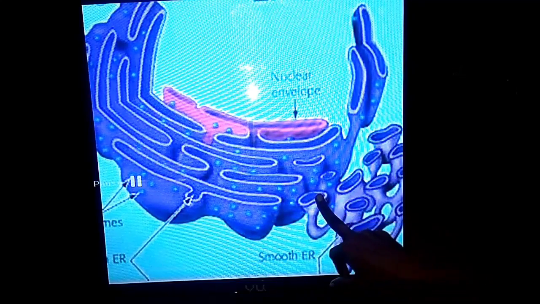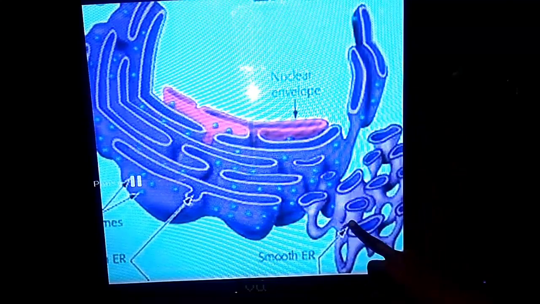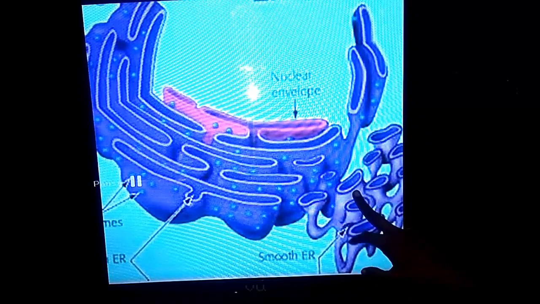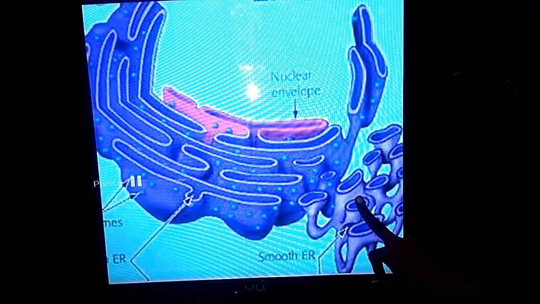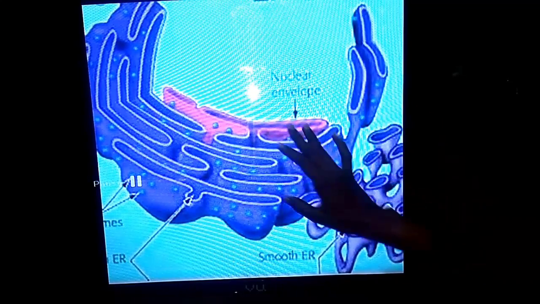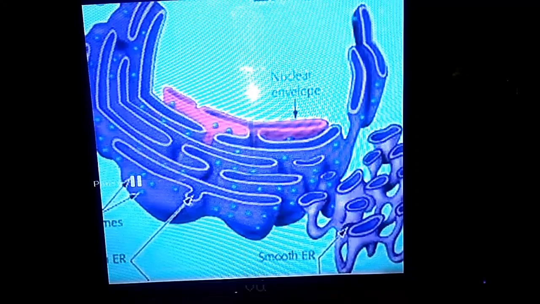The smooth endoplasmic reticulum is the major site of synthesis of lipids. In animal cells, lipids like steroidal hormones are synthesized in the smooth endoplasmic reticulum. Students, you need to understand the basic function of the smooth and rough endoplasmic reticulum.